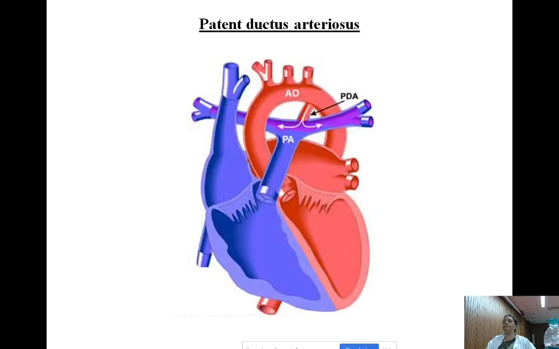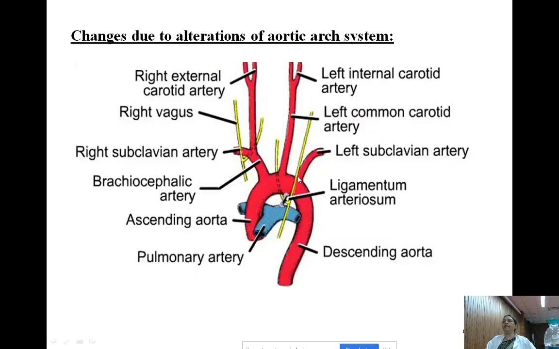Here you can see that the left subclavian artery was arising first from this area, at the end of the arch of the aorta, but because of this lengthening of the neck, all these factors, its origin will be shifted towards the left common carotid artery. That is another change that occurs.